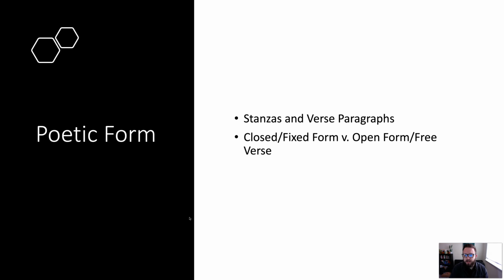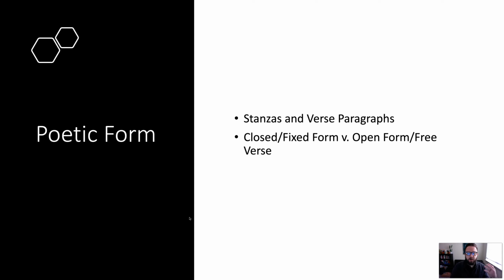Verse paragraphs are similar but different to stanzas in the sense that there's not a line break in between verse paragraphs, but we'll see this particularly when we read Andrew Marvell's To His Coy Mistress. It's broken into 3 distinct chunks, but the poem isn't broken into stanzas in the way that something like Donne's The Flea is.